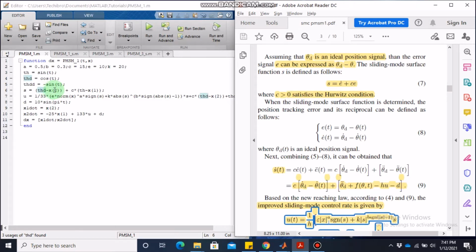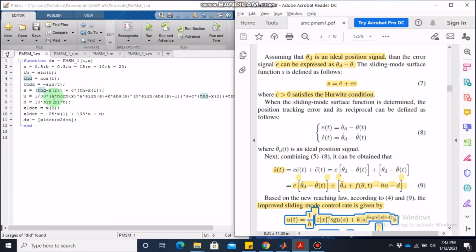So I have two states in the system, x1 is theta and x2 is theta dot. So the derivative of the desirable value of theta, which is cos of t, minus the value of theta dot from the state equation, plus C times E, which means C times the desirable value of theta minus the first state, which is theta itself.